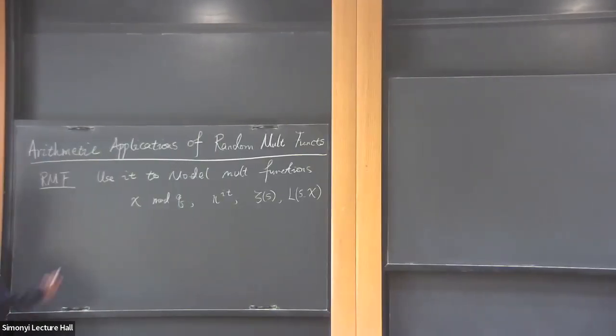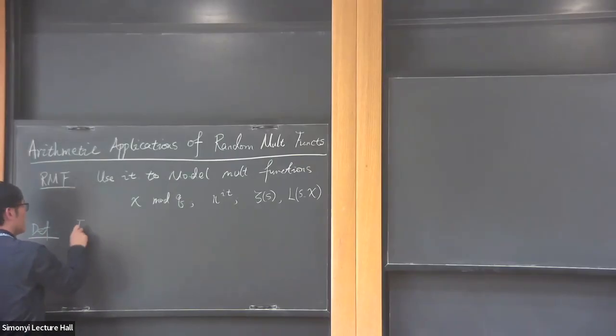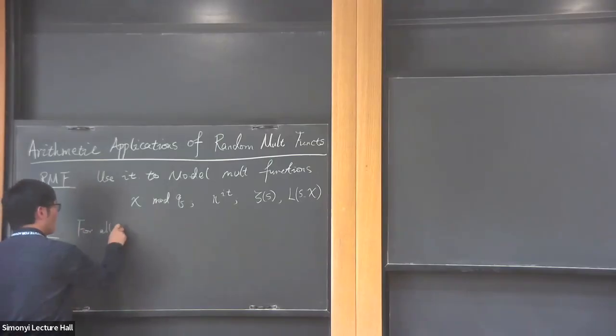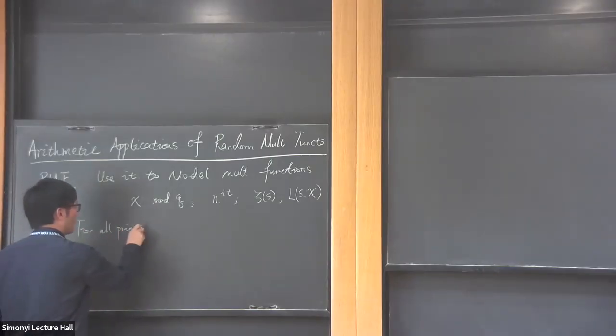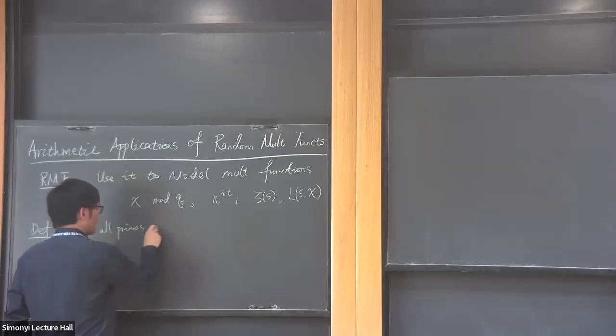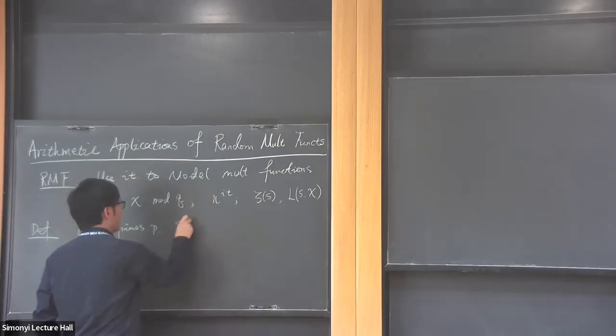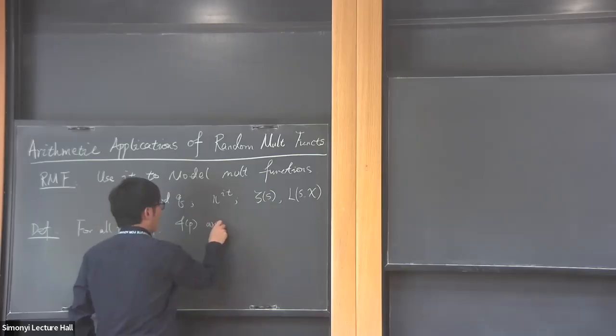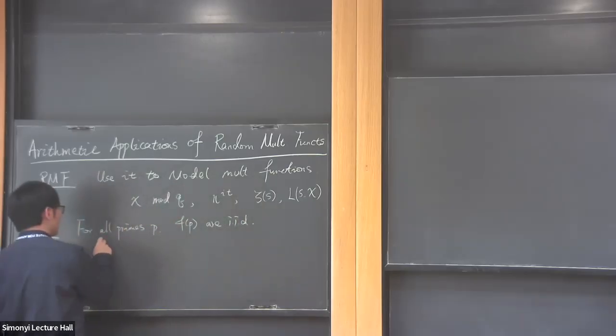So what is an RMF? This is the motivation to study RMF. The definition is the following. For all primes p, the f(p) are IID random variables, uniformly distributed on the complex unit circle.